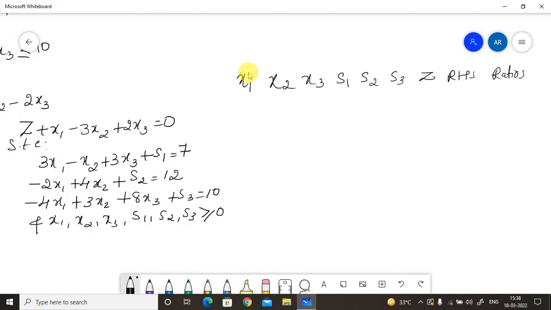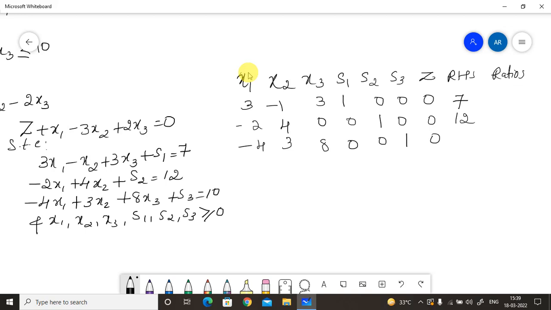Let us fill in the values with all the constraints: 3, minus 1, 3, 1, 0, 0, 0, and this will become 7. The next row is minus 2, 4, 0, 0, 1, 0, 0, 12. The third constraint will be minus 4, 3, 8, 0, 0, 1, 0 and 10.